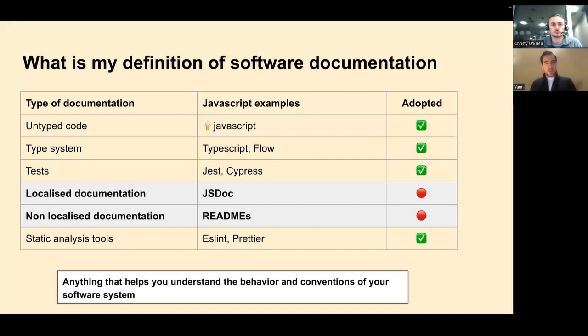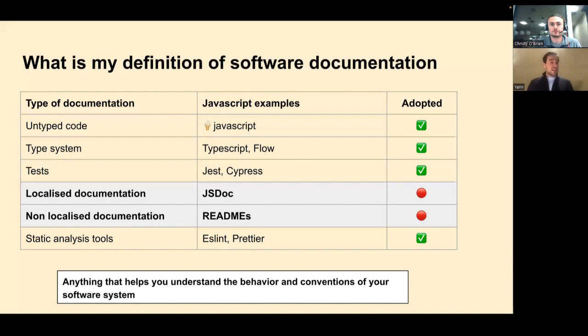Then the other sort of documentation is non-localized documentation, and that's typically what you find in READMEs, which highlight broader concerns in your code base, like how you do error handling, the architecture of your system, etc. It gives you a bigger picture of the code base.